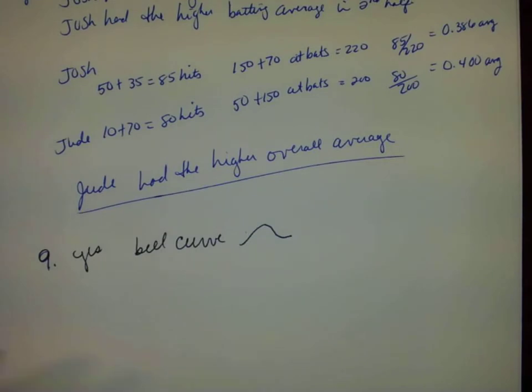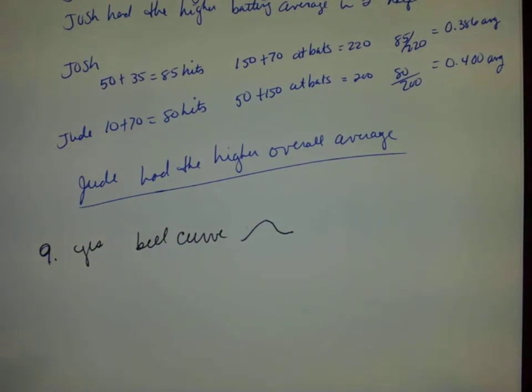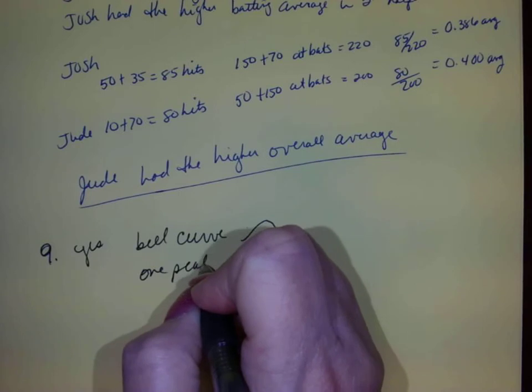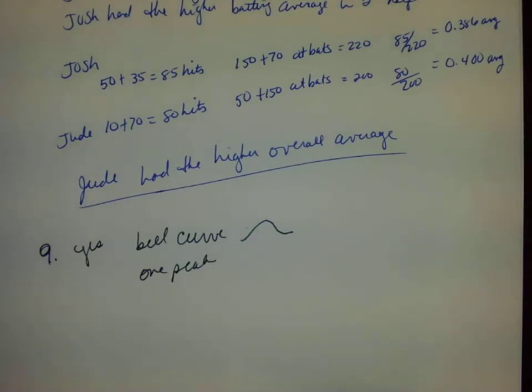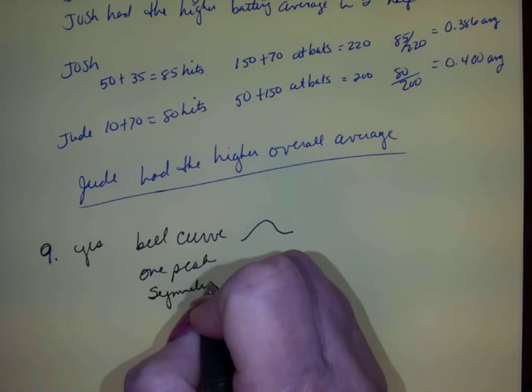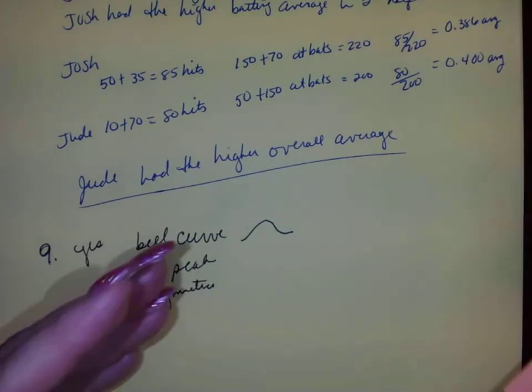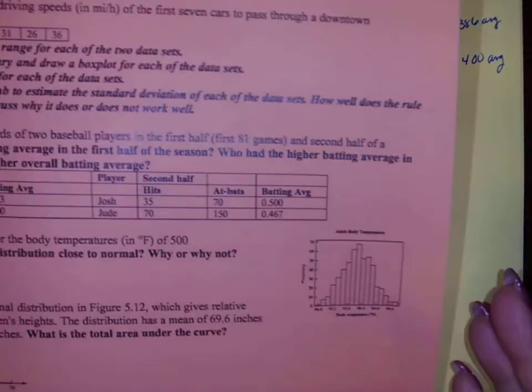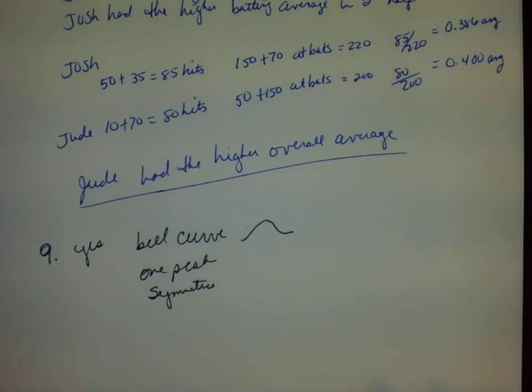I'm not great at drawing both sides evenly, but something like a bell curve. It only has one peak, because for a normal distribution, you can only have one peak. And we're saying that it's pretty symmetric, which means it kind of mirrors itself on either side. So it's a symmetric graph as well.